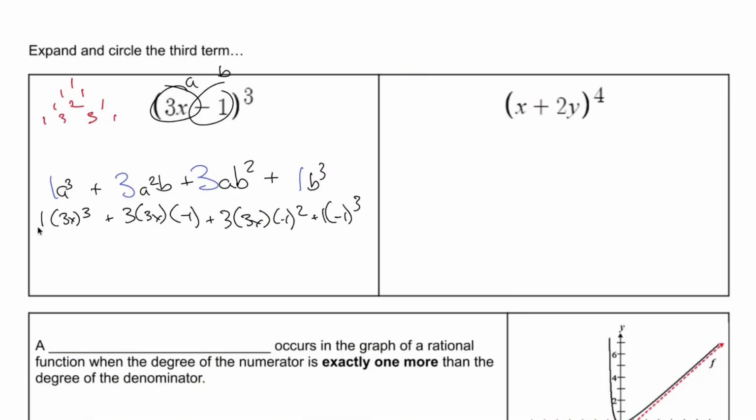Okay, that one's not necessary. 3 times 3 times 3 is 27, so 27x cubed. 3 times 3 is 9 times negative 1 is going to be negative 9x. 3 times 3 is 9 times negative 1 squared is going to be 1, so plus 9x. Forgot a squared there, didn't I? And then 1 times negative 1 times negative 1 times negative 1 is going to be minus 1.